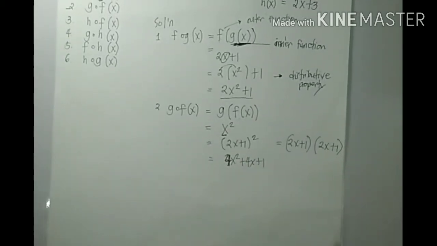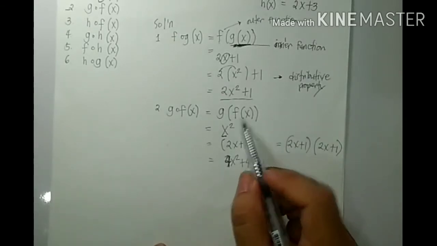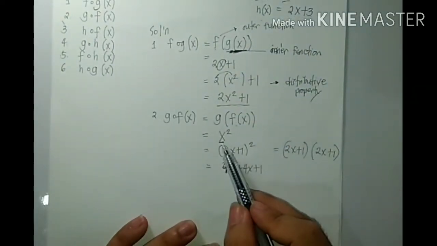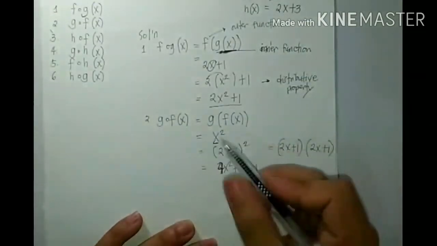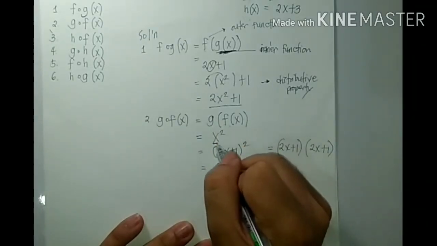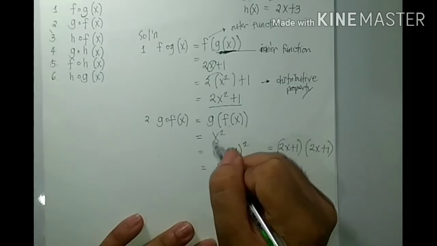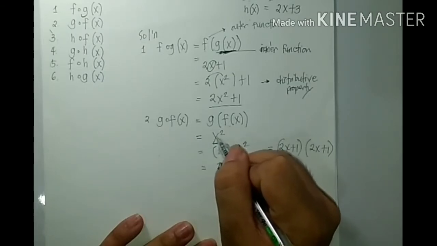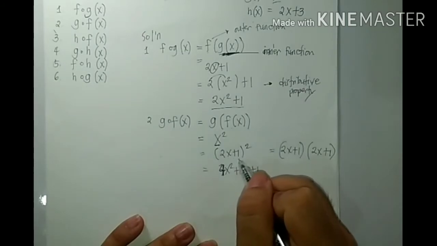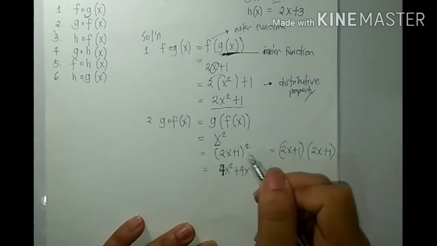If our f of x is equal to 2x plus 1 and our g of x is equal to x squared, we write the outer function, which is x squared, then replace the variable x by the value of the inner function, which is 2x plus 1, then squared.